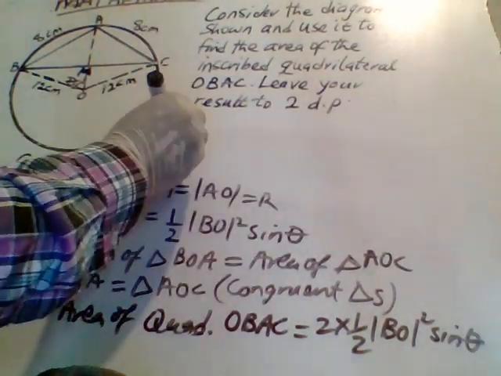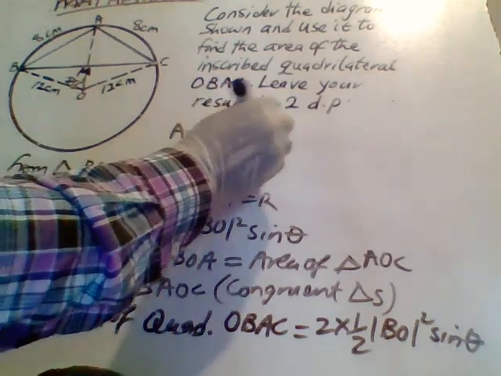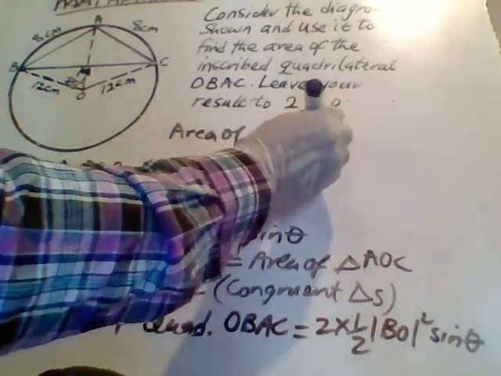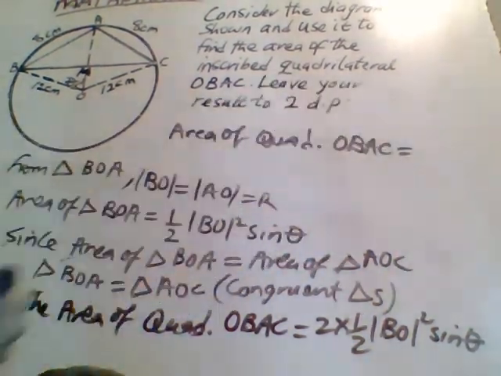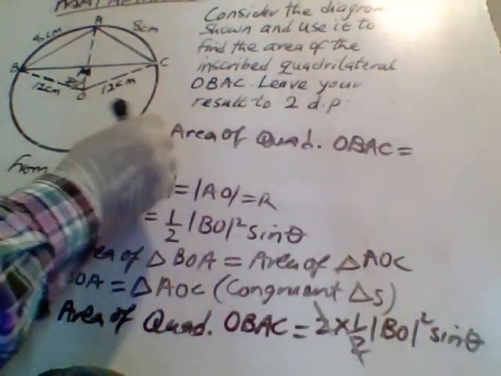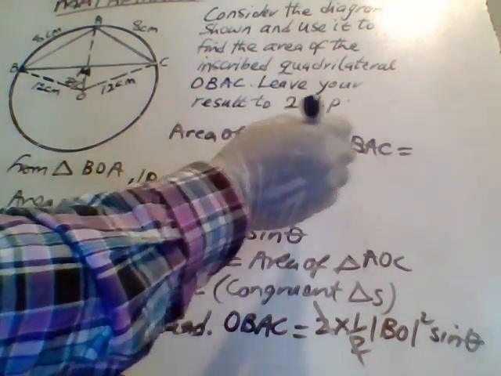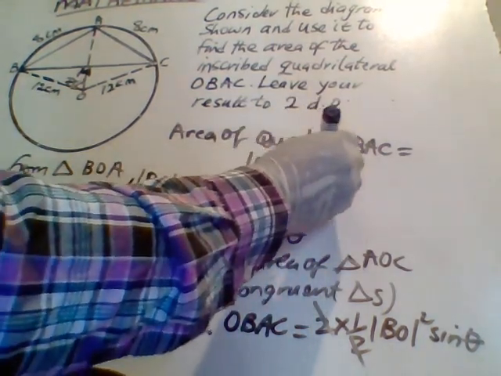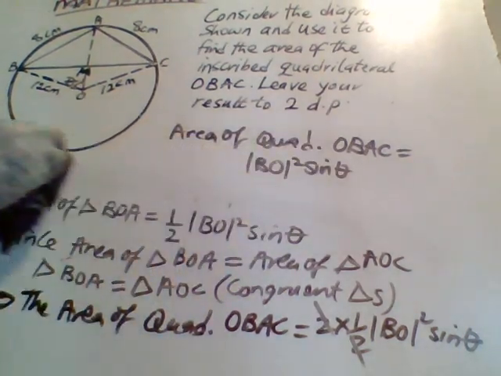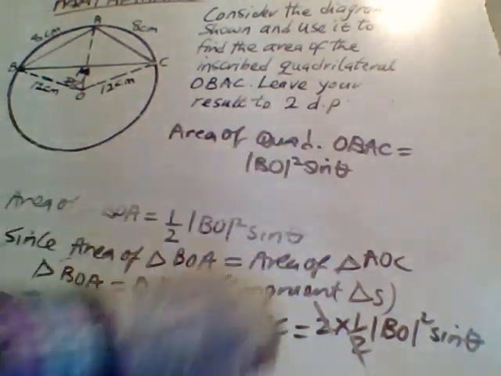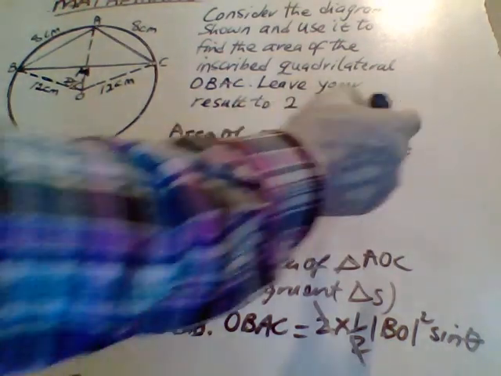So the area of quadrilateral OBAC is equal to, the half cancels out with the 2 to give us BO squared sine theta. So all you need to do is to put in the values.